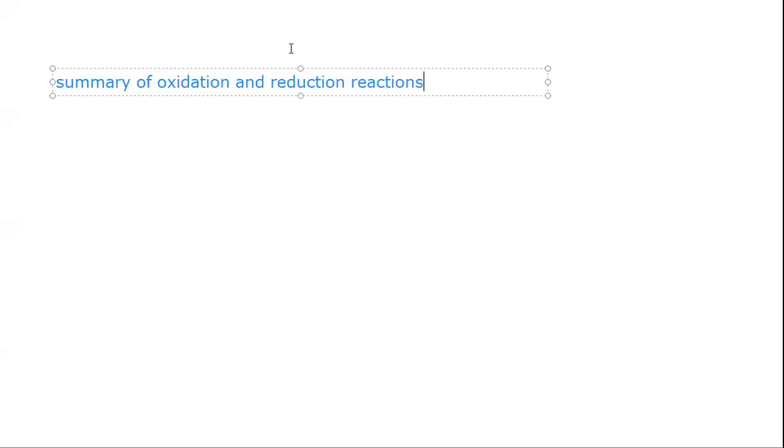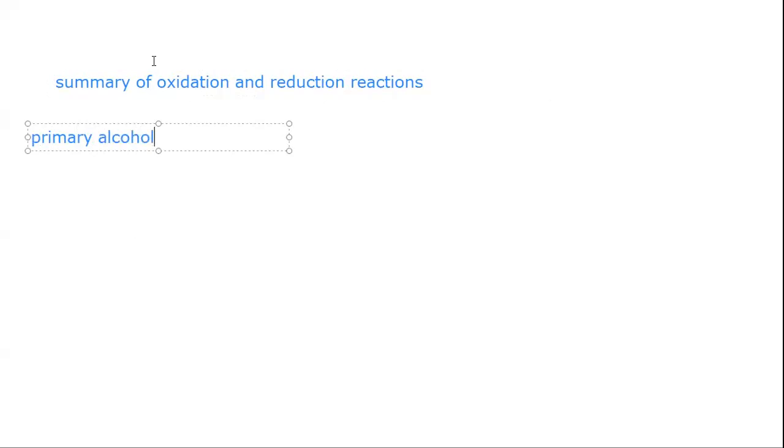So please look at here. If I take a primary alcohol, on oxidation, what we learned in chapter 13, primary alcohols undergo oxidation to give aldehyde.